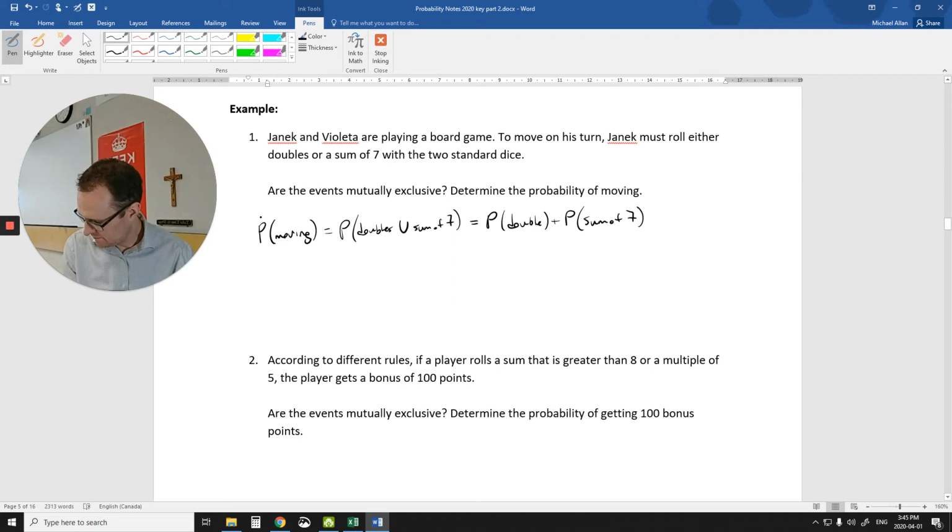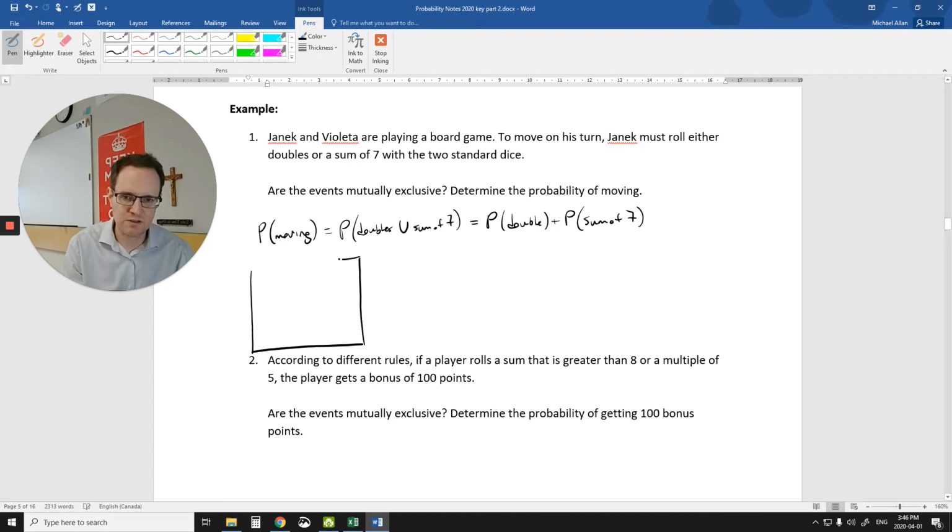Number 2 here, there might be some overlap. So I'm going to drop my sample space here to do this one. So my sample space, I'm rolling 2 dice. 1, 2, 3, 4, 5, 6. 1, 2, 3, 4, 5, 6. And then we're going to figure out of all these here, how many of them allow him to move.